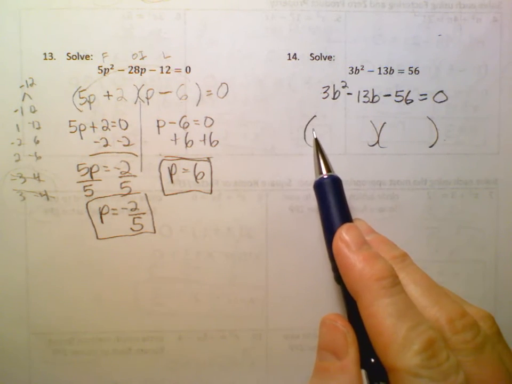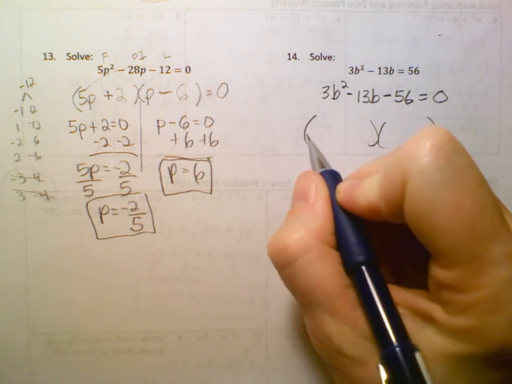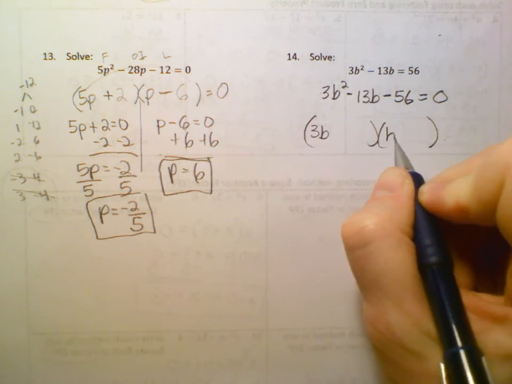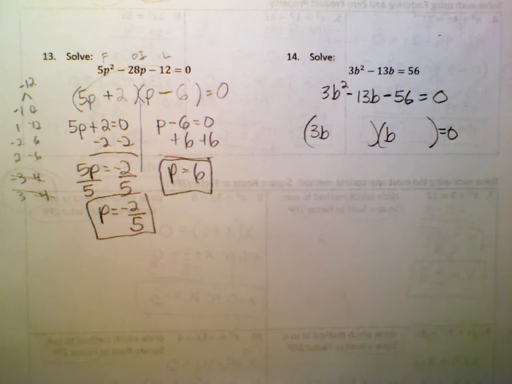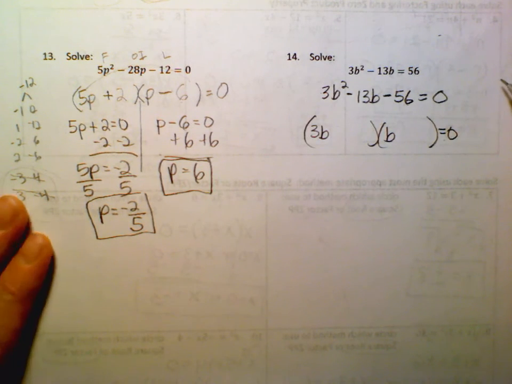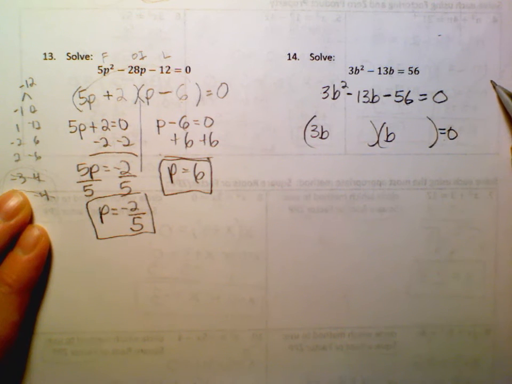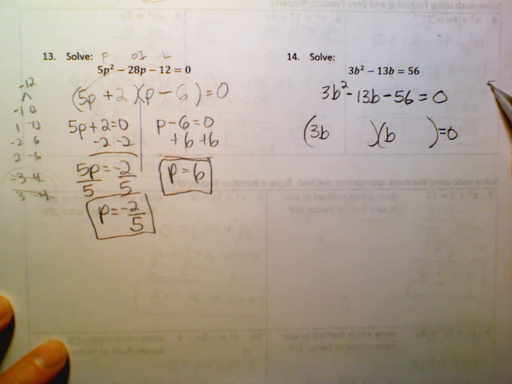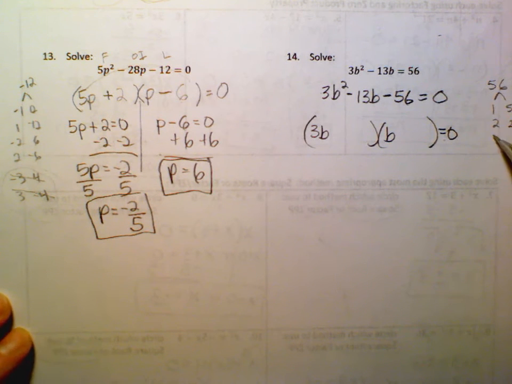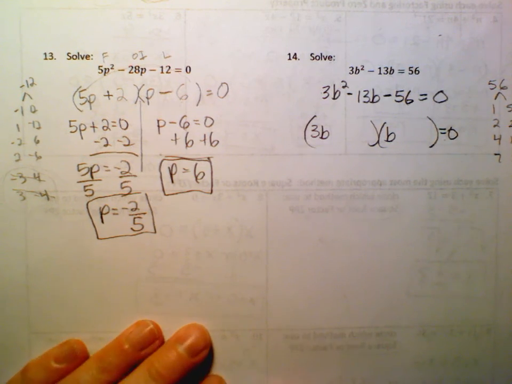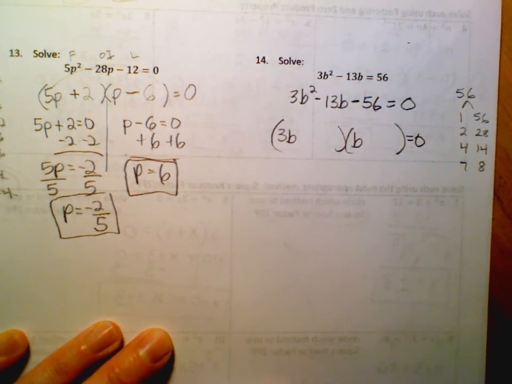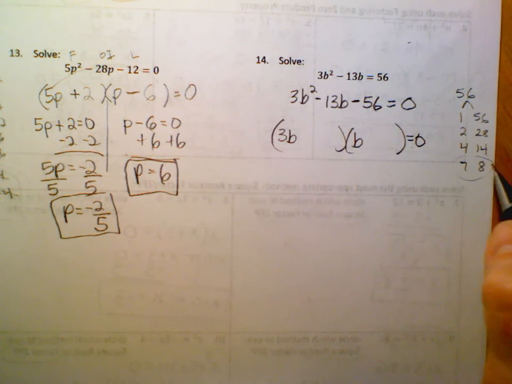Let's see, we need a 3b and a b. Okay, and 56. Now it's a negative 56, but I'm not going to do the whole plus minus because that's just kind of tedious. But I usually do like to write my combos, right? 1 times 56, 2 times 28. Is it 4 times 14 and 7 times 8? Okay, so of all the combos, I would try for this one first and then work my way up the chain.